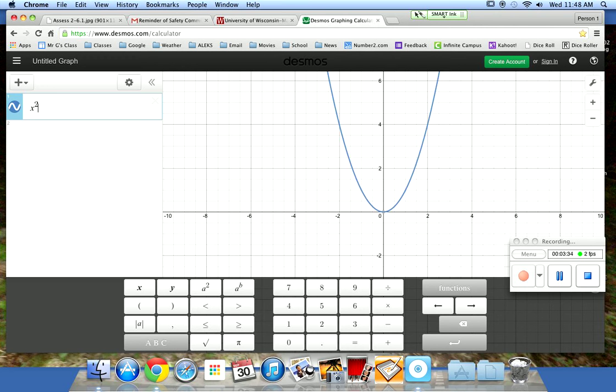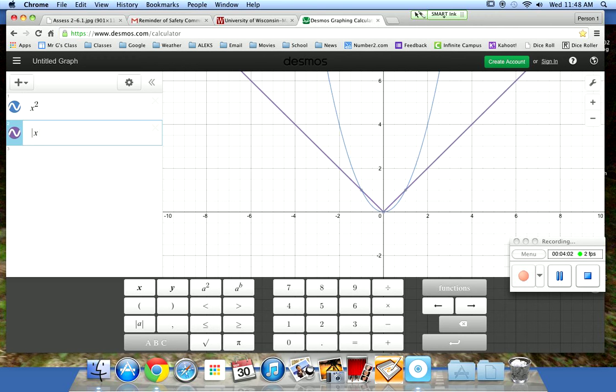Okay? The difference is when I use an absolute value. Oh, that didn't work the way I wanted it to. Oh, I'm having a problem here. Okay, I want this one here, and I want this and this.